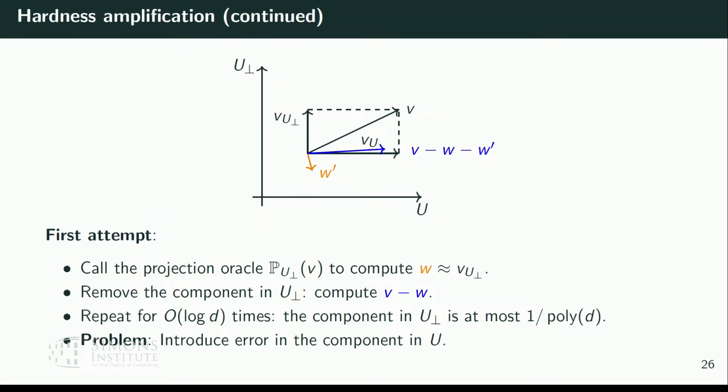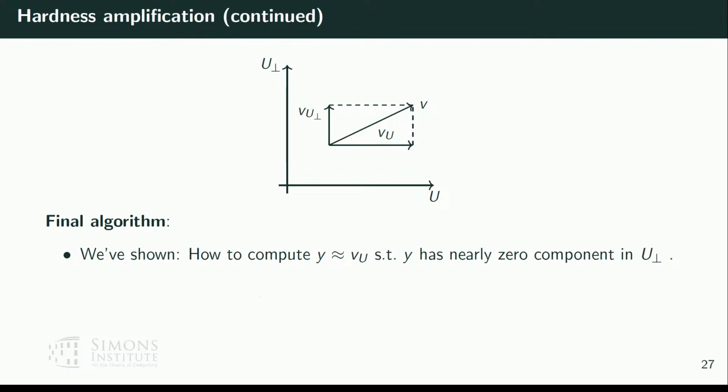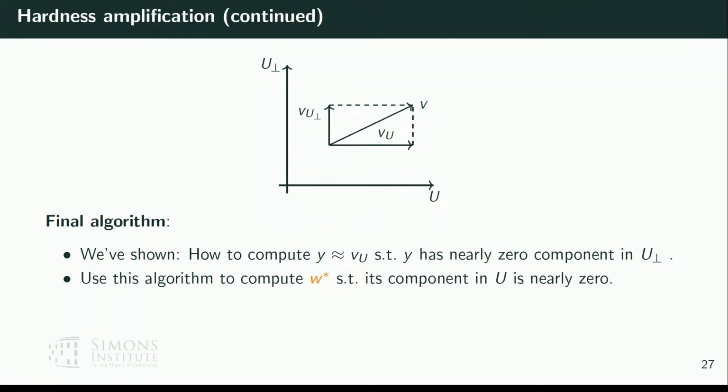So what we do is that we use what we showed on this slide as a black box and do another level of reduction on top of it. What we've shown is that we know how to compute some vector y that's approximately VU, and it has nearly 0 component in this orthogonal space. But on the other hand, we can also reverse it. We can also compute some vector W that is almost completely in the orthogonal space, and it has no component in the space U.